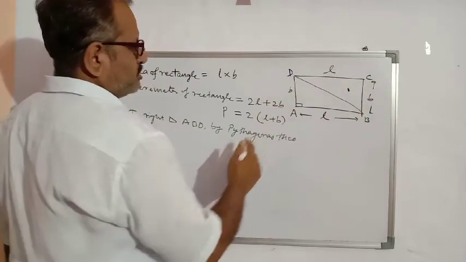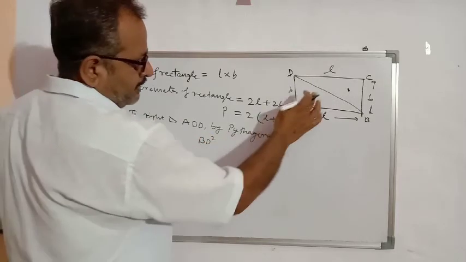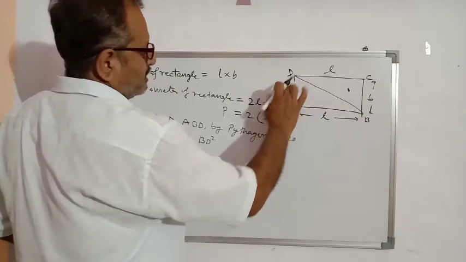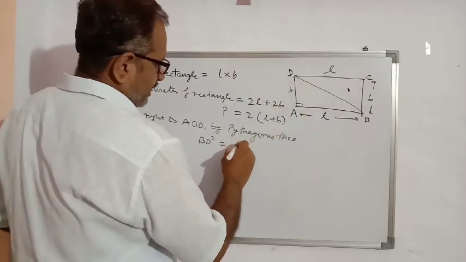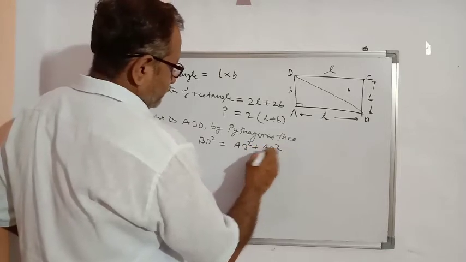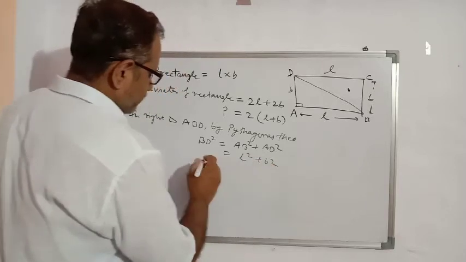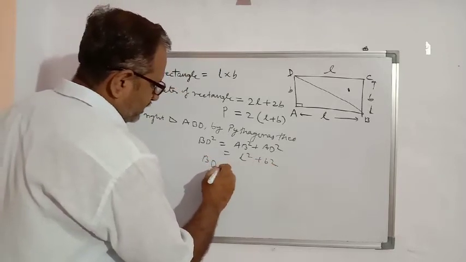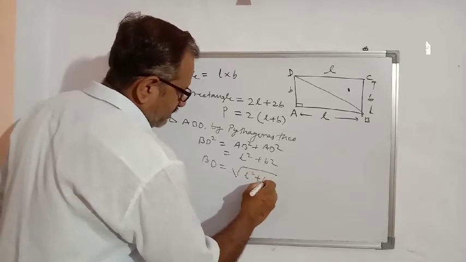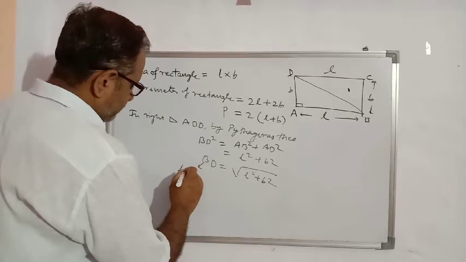Use Pythagoras theorem. BD square, means diagonal square, is equal to length square plus breadth square, AB square plus AD square, L square plus B square. What will be BD? It will be under root L square plus B square. This is the length of the diagonal.